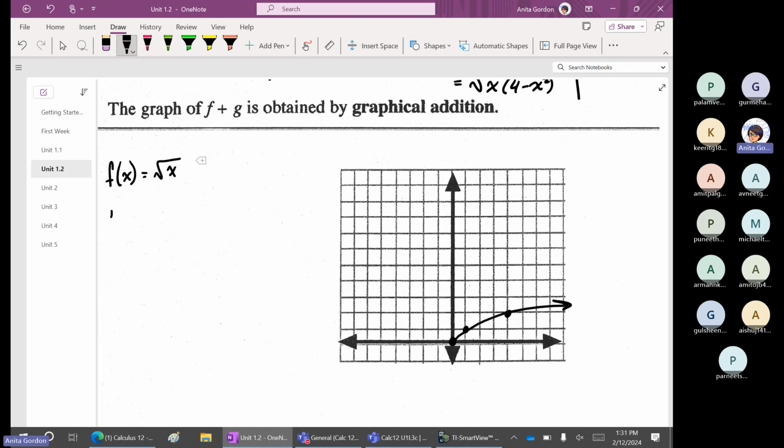And if I did g of x, which is the square root of 4 minus x squared, it's harder to pinpoint key points because this is not a function we're familiar with. So let's pick a couple of points. Let's say 0, 1, root 2. What would g of x equal if I put in 0, 1, and root 2?